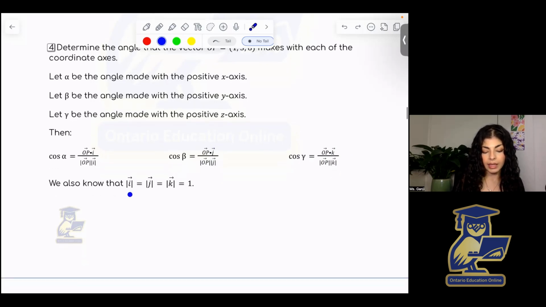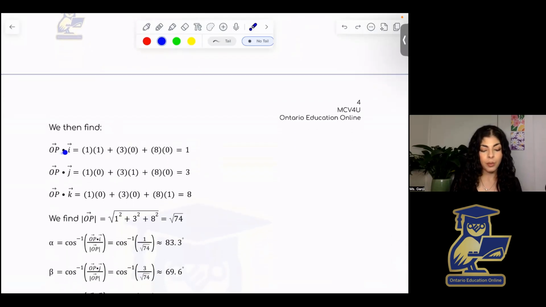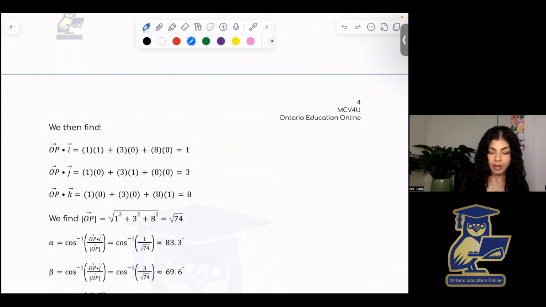And also remember that the magnitude of i is equal to the magnitude of j, which is equal to the magnitude of k, and it is equal to 1. So now we find the dot product of OP with each of i, j, and k. And there actually is a pattern here because remember that i is (1, 0, 0), j is (0, 1, 0), and k is (0, 0, 1).